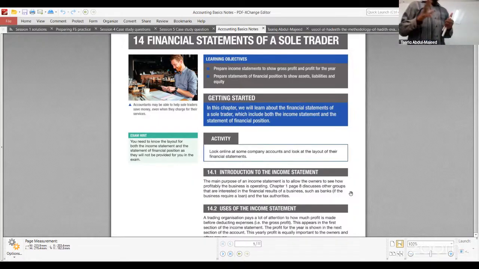In preparing an income statement, the objective generally is to know 2 things: the gross profit and the profit for the year. You don't really need to take this down if you have the notes, so you can make your own notes. The main thing you want to know is the gross profit, which is basically the revenue minus the cost of sales.